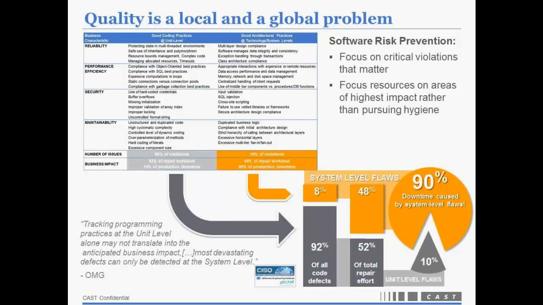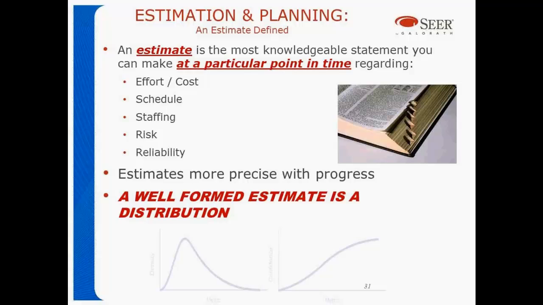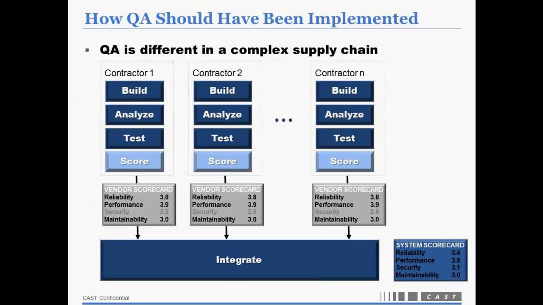Okay, and the next slide, if you will. And so that's my last point here. Basically, in terms of how this project and any complex project should be handling QA in a complex supply chain. As we mentioned, this is a particular example of a complex supply chain, but we see analogs to this in other industries, in manufacturing, for instance.